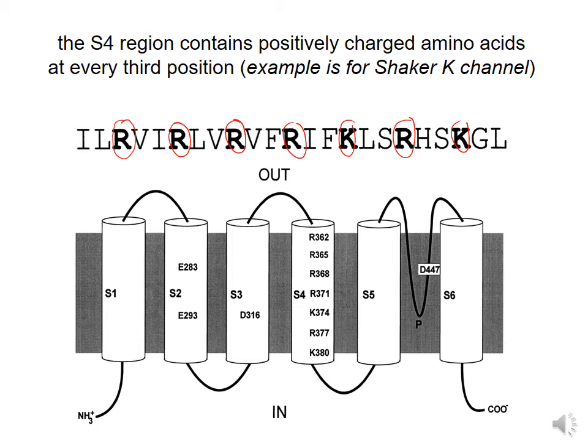And then between these positively charged amino acids, there are these hydrophobic amino acids that allow this region of the protein to be embedded in the plasma membrane. So this part, what we call the S4 domain, contains most of the charged amino acids in the transmembrane domains, and because of the position of these amino acids, people speculate that this would be the voltage sensor domain of these ion channels.